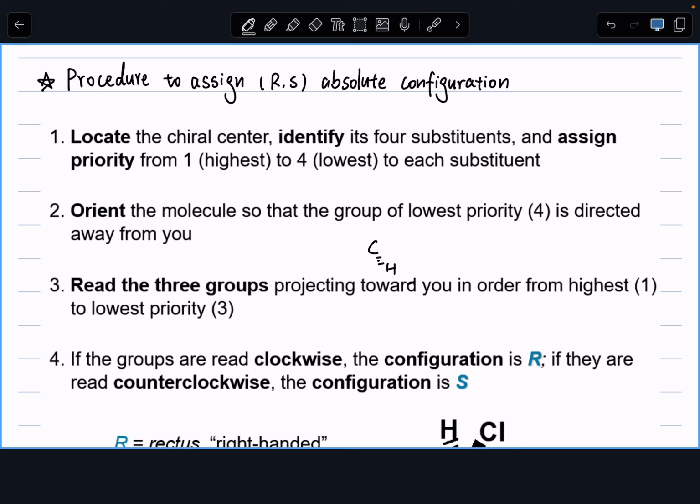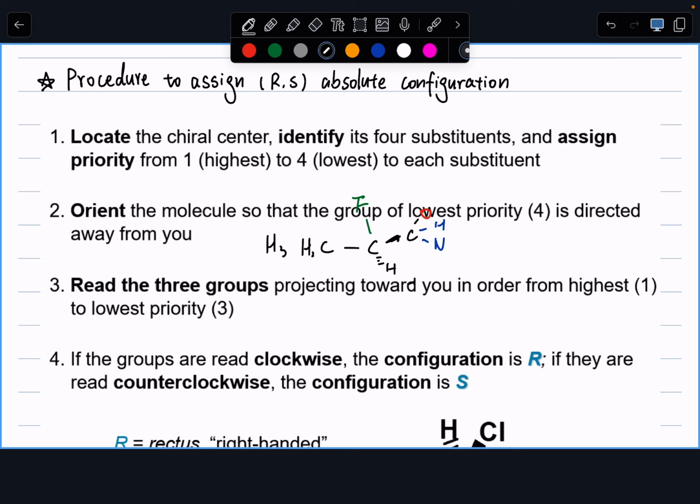And then this group is coming out, wedged out. And that's my CO, NH. And then you have the fluorine, and then the other methyl group defining the plane. And we can assign the numbering. So fluorine is my 1, 2, 3. And this one is coming clockwise, so it is R.